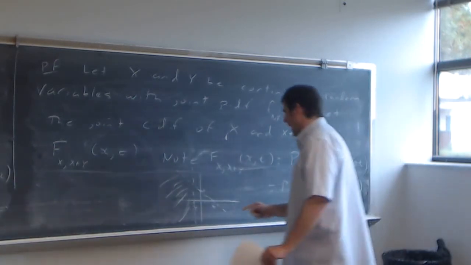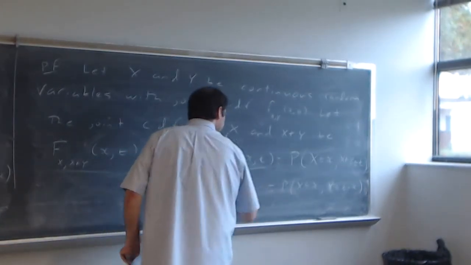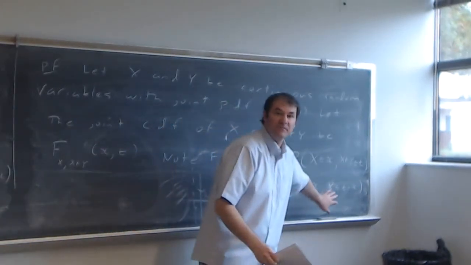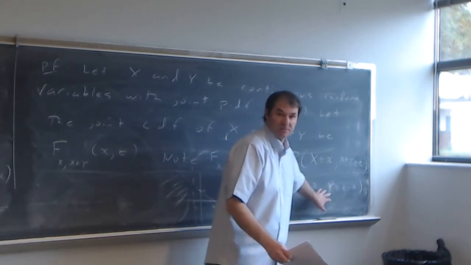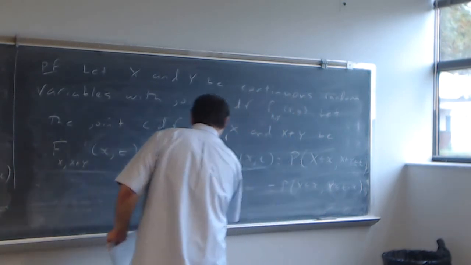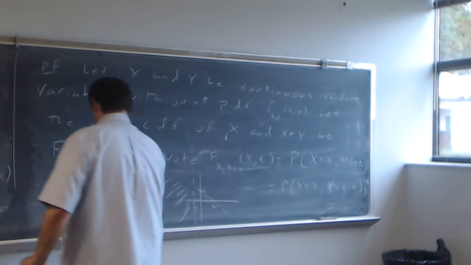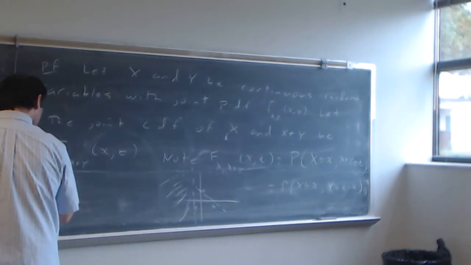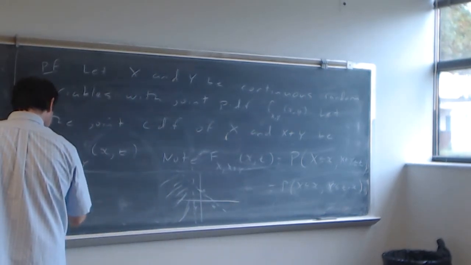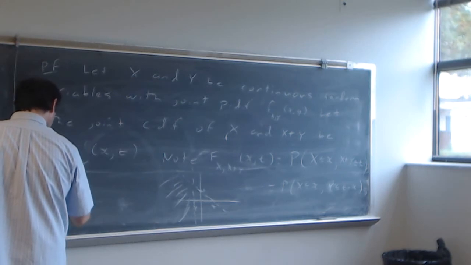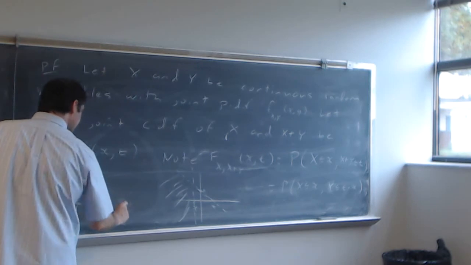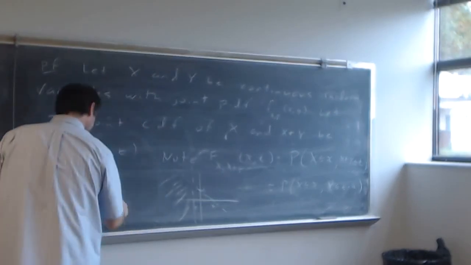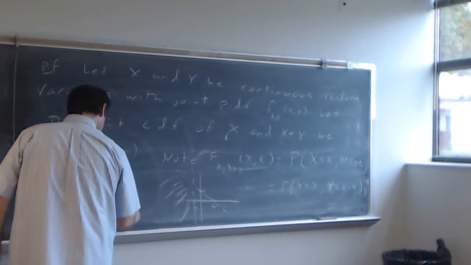So we can describe it using the joint PDF between X and Y, not X and X plus Y, just that. So I'm going to describe this region. F sub X comma X plus Y of x, t is equal to a double integral.